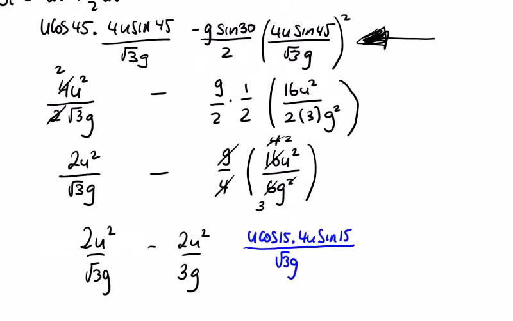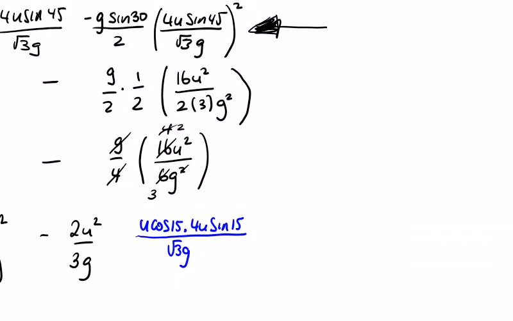And that's the left hand side done, so we're going to get minus g, the acceleration is the same, minus g sine 30 over 2 times 4u sine 15 squared over root 3g.